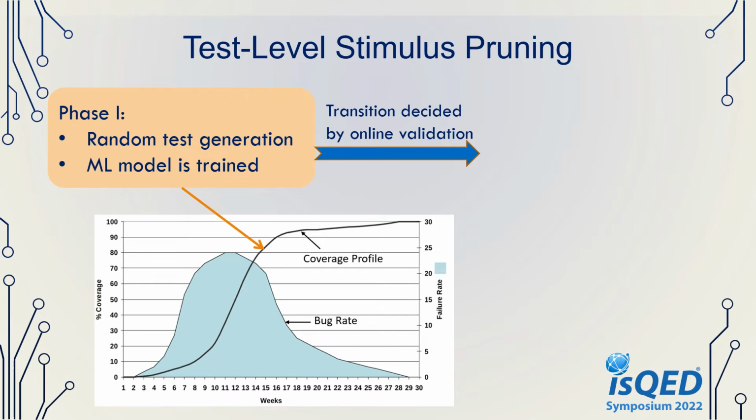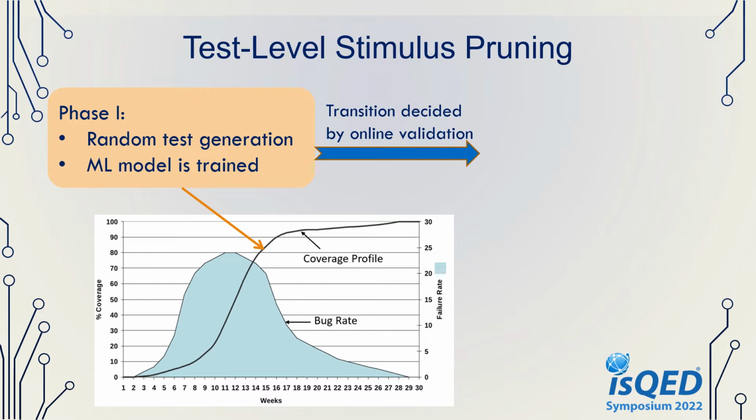So now let's first look at the conventional test-level machine learning assisted functional verification. That is, at the beginning of the verification phase, we do random test as usual. At this moment, we build a machine learning model.